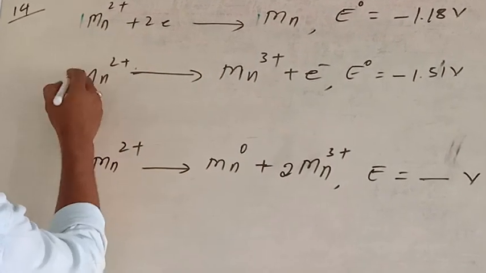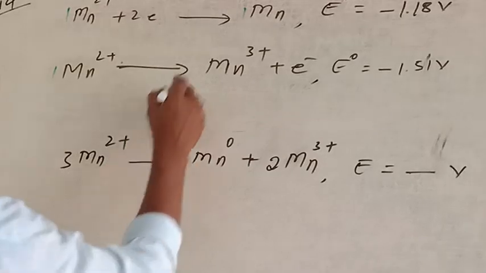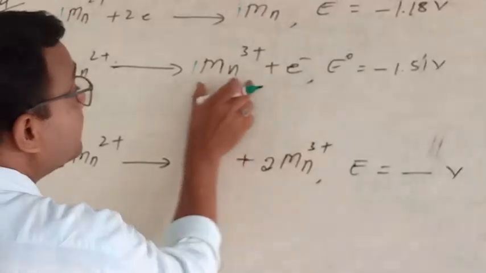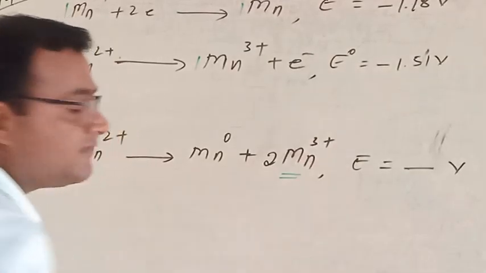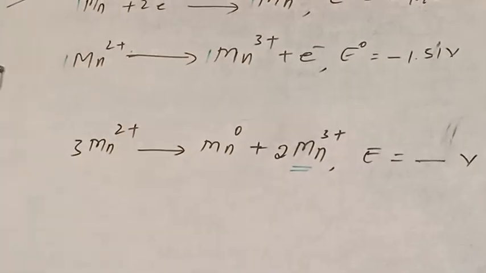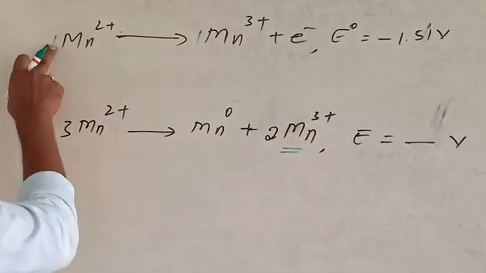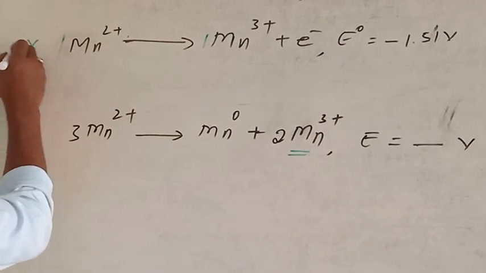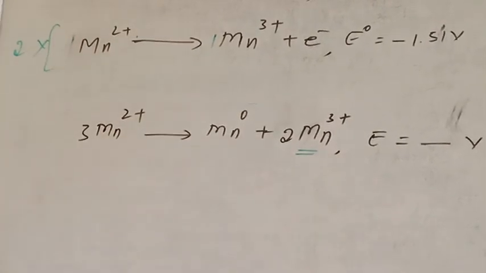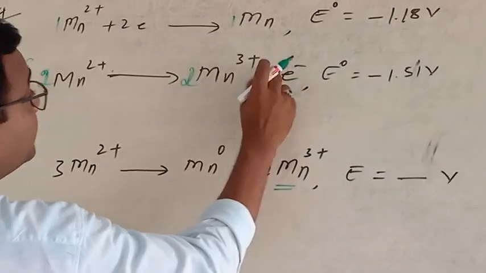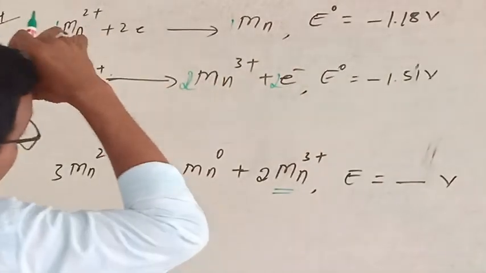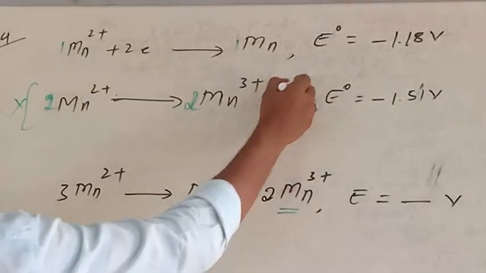Then here, one Mn2+ gives one Mn3+, but the number of Mn3+ needed is 2. So I will change only one thing: I will multiply this equation by 2. When I multiply by 2, this becomes 2, this becomes 2, and this also becomes 2. The 2 electrons get cancelled on either side.